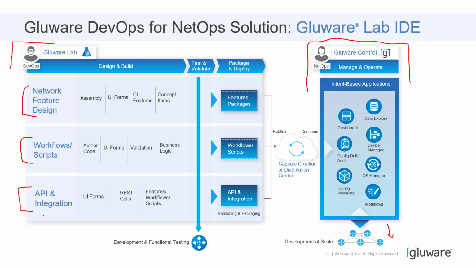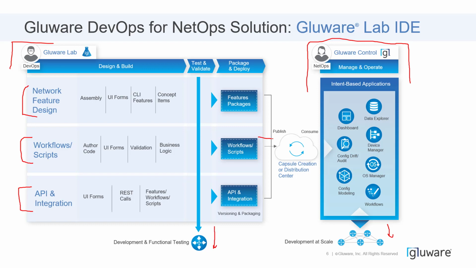And either Gluware or one of our partners can build customization for you. Or at this point, many of our advanced customers are driving Gluware Lab themselves, customizing and extending Gluware and performing integrations. And then through Gluware Lab, you have the full ability to develop the feature and do functional testing.